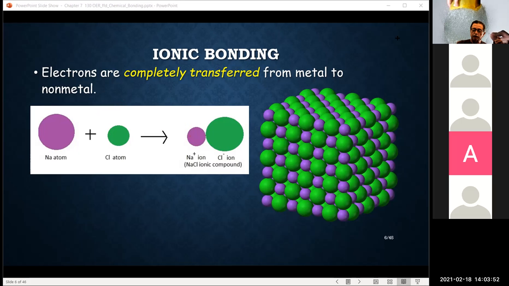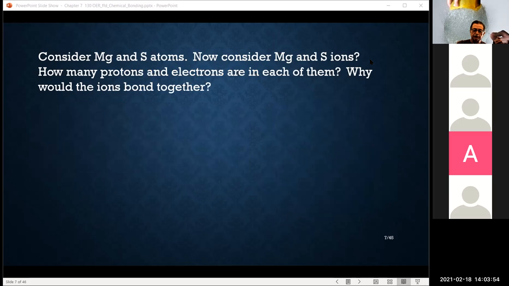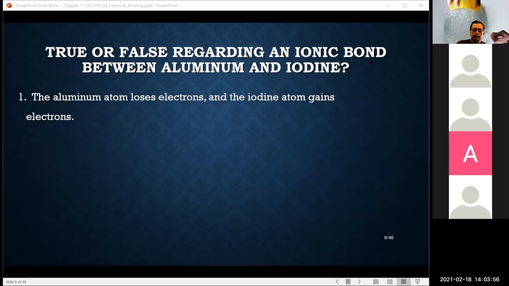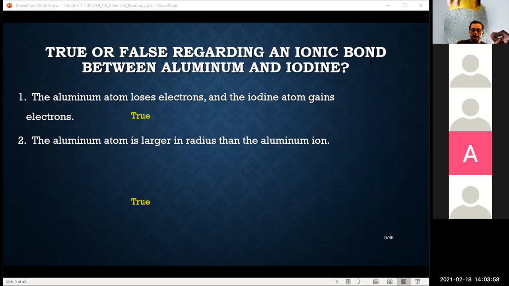So with that in mind, when they ask you these questions, that's a true statement, and that is a true statement. The aluminum atom, which is in group 3A, will lose 3 electrons. Its valence shell is in the 3rd energy level. By losing those 3 electrons, it now has the 2nd energy level, which is full.